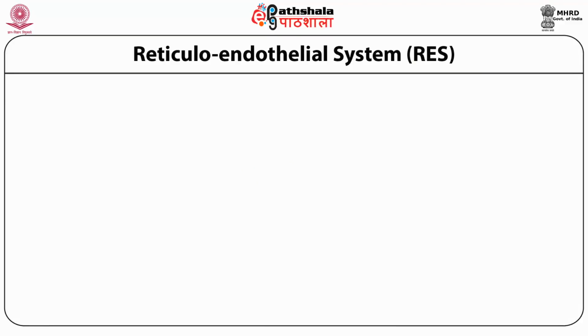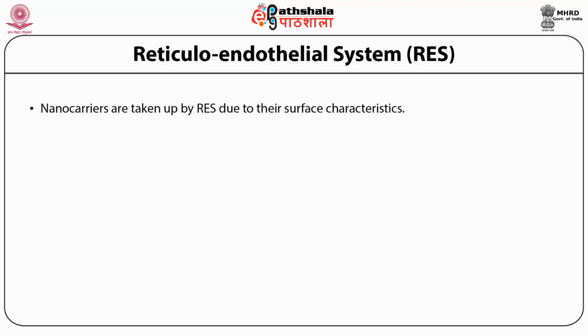In this particular section, we will learn about the various clearance systems like the reticuloendothelial system, which acts as a resistance barrier for passive drug targeting. It has been found that nanocarriers are taken up by the reticuloendothelial system because of the surface properties of the nanocarriers.